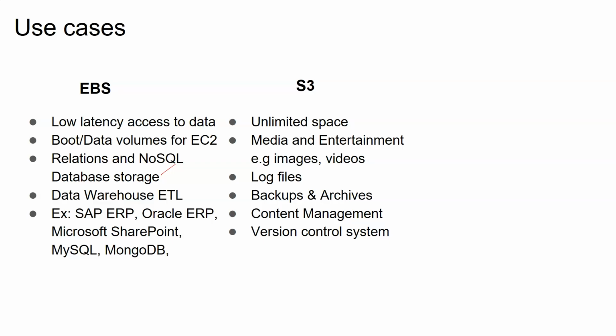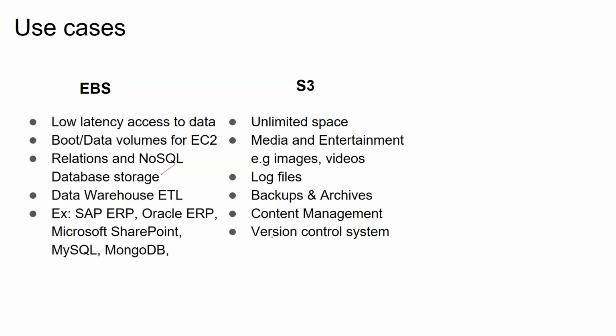Of course, your video has to be converted using the media encoders and all, but that is an appropriate storage for your videos. Same for your images, same for your log files. If you want to store all your machine log files somewhere securely, or backups of your data, that's typically S3, right? Content management system, version control system, because S3 provides the ability to version control.